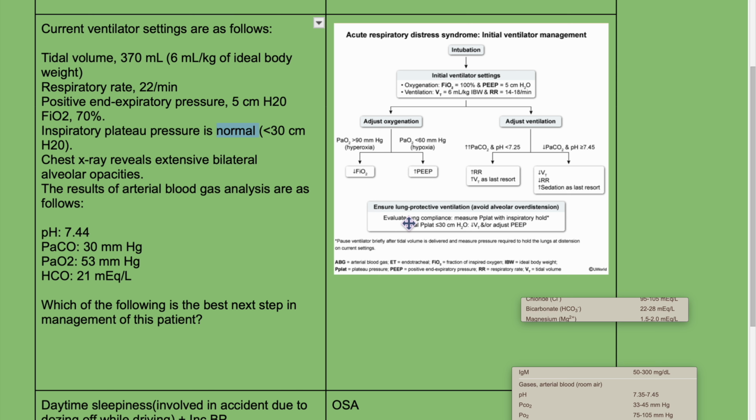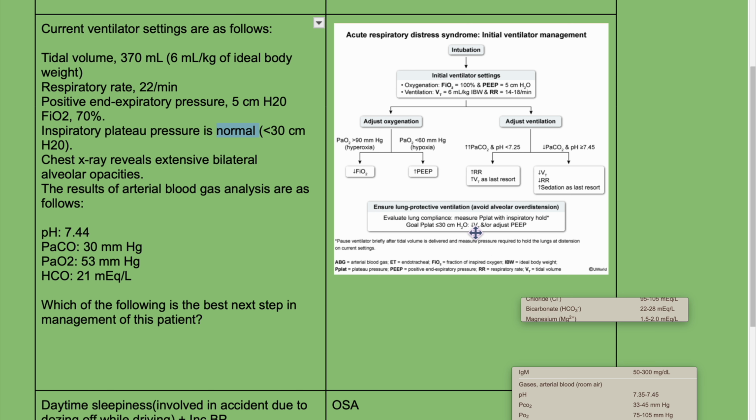Ensure lung protective ventilation. Avoid alveolar overdistension. That is your main goal when you're doing an increase in PEEP. Evaluate lung compliance. Measure P-plat with inspiratory hold. Goal is that P-plat is 30 centimeters H2O or less, and decrease tidal volume and/or adjust PEEP.